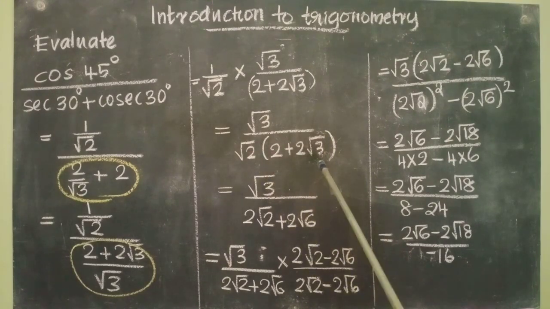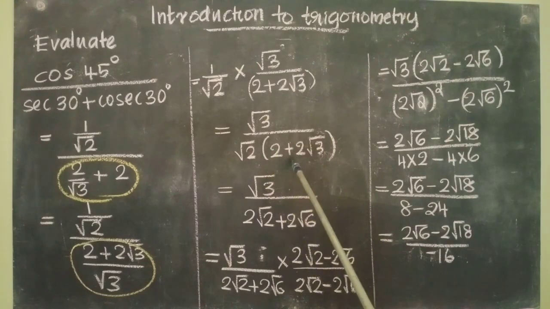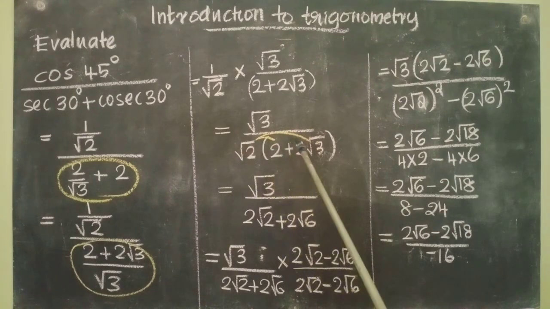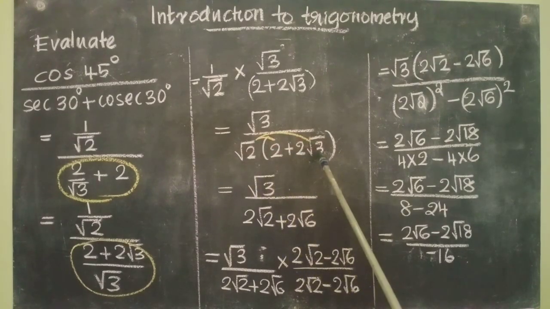Now let us remove this bracket. So we get root 3 divided by root 2 into 2, it is 2 root 2, plus root 2 into 2 root 3, it is 2 root 6.